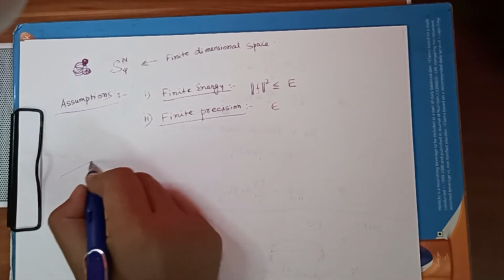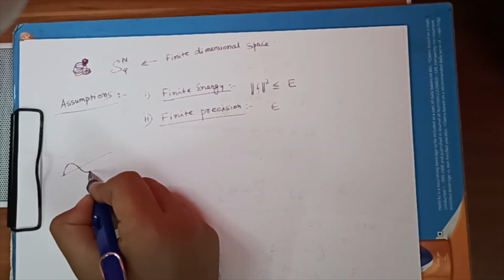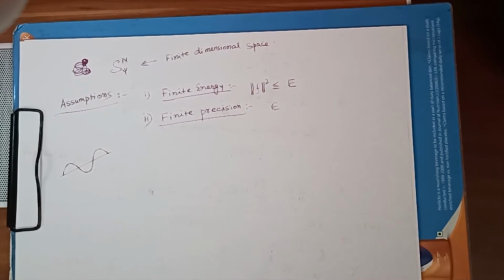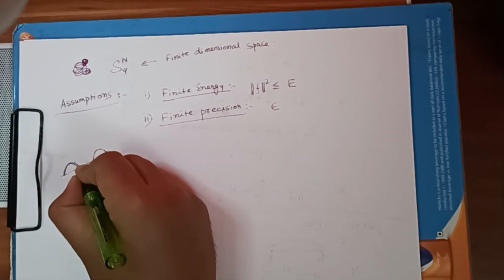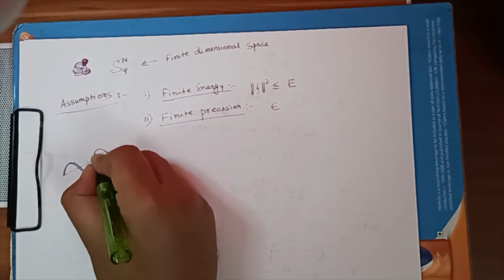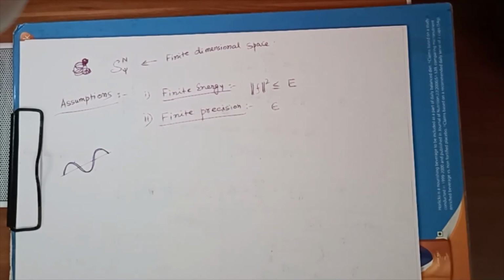Suppose you have a signal, say a nice sine waveform, and I have another signal which is almost there. Now if you are observing these two signals and I ask you whether they are different signals, how do you know?